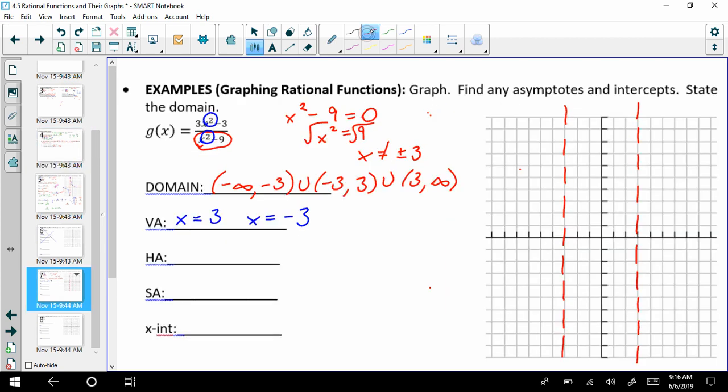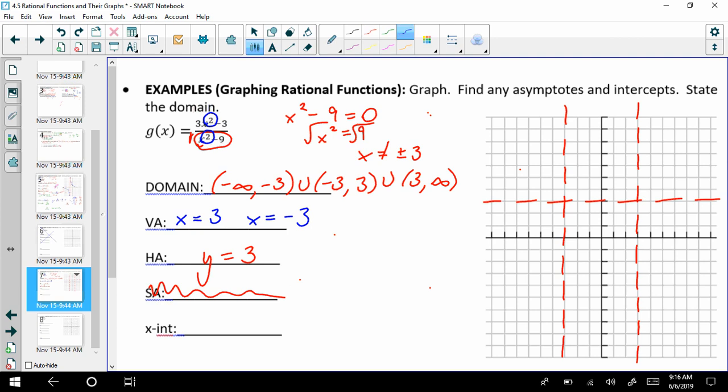Well, a over b would be 3 over, there's technically a 1, so 3 over 1 is 3. So I have a horizontal asymptote at y equals 3. So draw that in. We're not going to worry about the slant one.